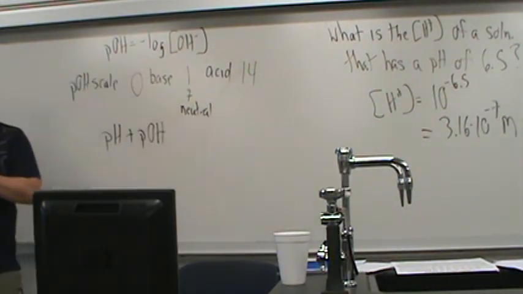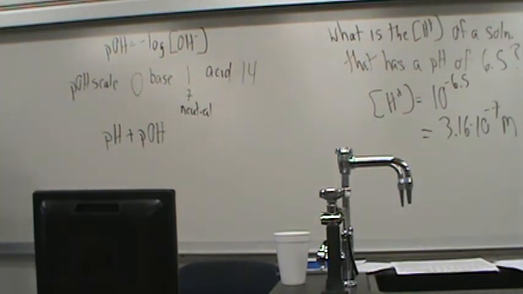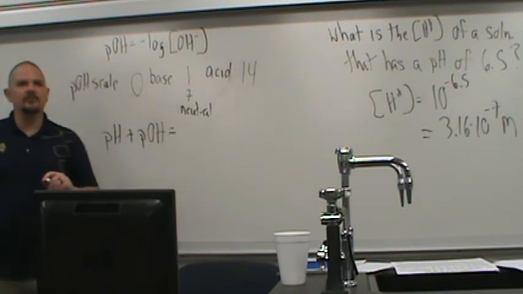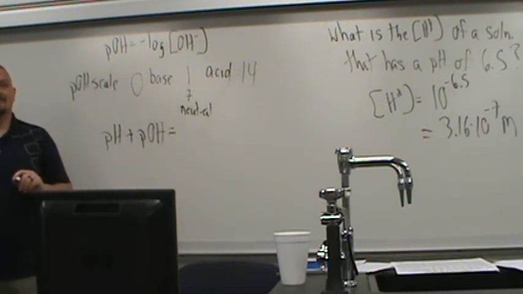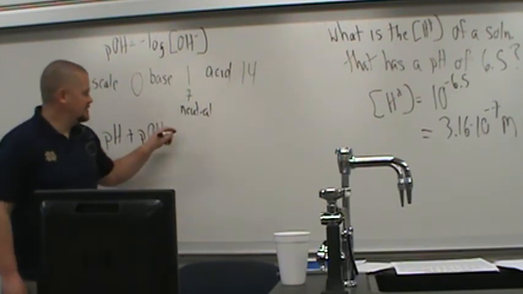All right, so since both scales are from 0 to 14, if we knew the pH and we know the pOH, and we add those two numbers together, guess what they're going to be equal to? 14.